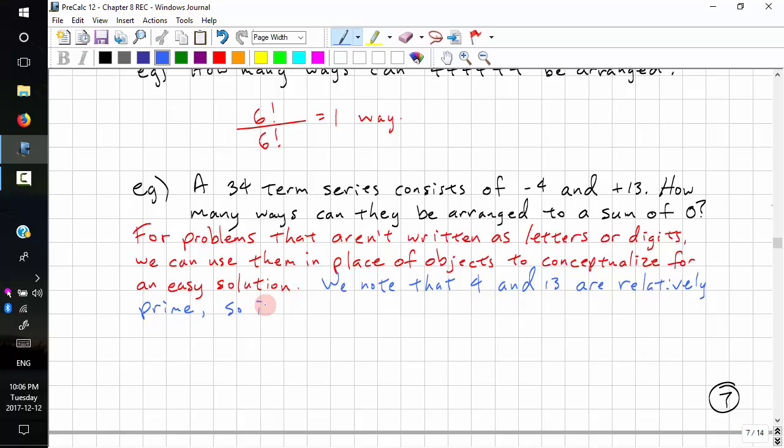So it takes 13 times 4 minus 4 times 13 equals 0. Okay, they have no common factors, is what relatively prime means. So we actually need to multiply by each other in order for them to cancel out. Or 17 terms, because we have 13 terms of -4 and 4 terms of 13 to make 0.